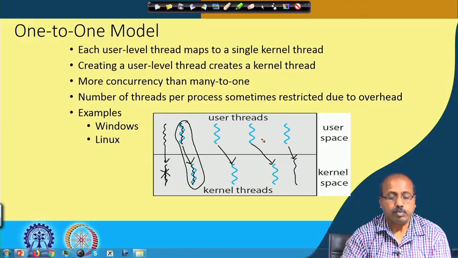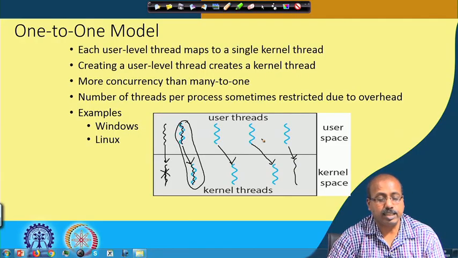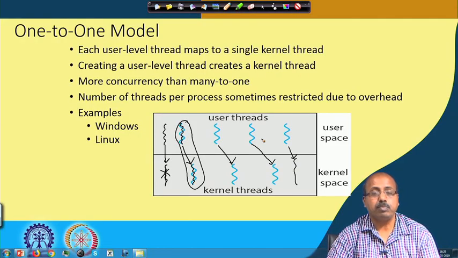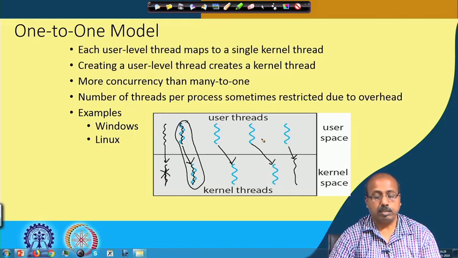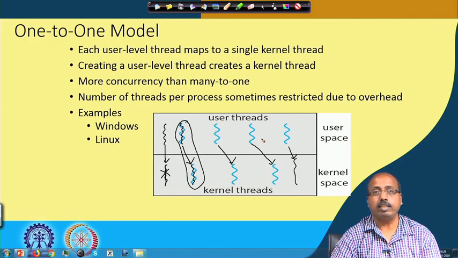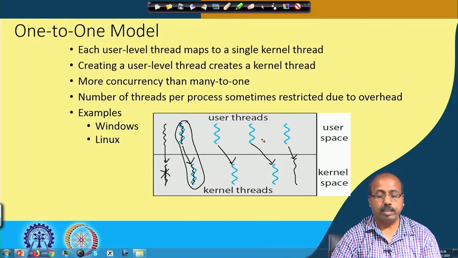So, this is better in the sense that we have more concurrency than many to one, but the difficulty is that we are creating a large number of threads. As and when a user thread is created, one kernel thread is also created. If the user program does not make a good number of system calls, then these kernel level threads will be mostly unutilized.